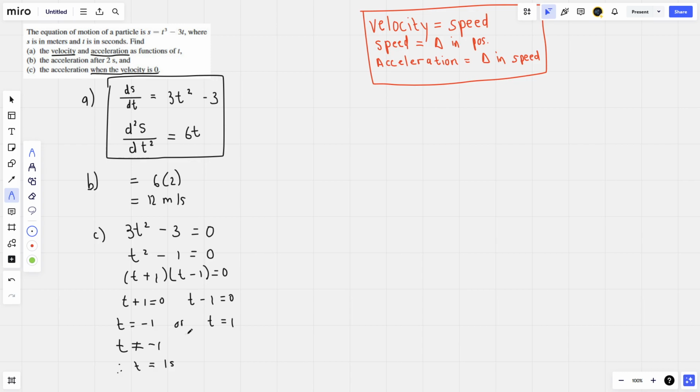So we have our time, and we have an equation which describes our acceleration. So at 1 second, we can just plug in 1, and we would get that our acceleration was 6 meters a second at 1 second.